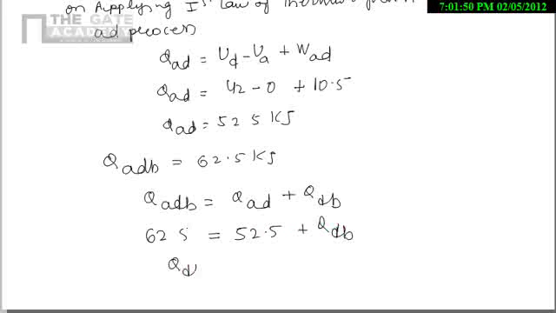So QDB will be 62.5 minus 52.5 equals 10 kilojoule. So by applying the first law of thermodynamics and the properties of the point function, we can easily find out the values of unknowns in terms of work done and heat transfer.